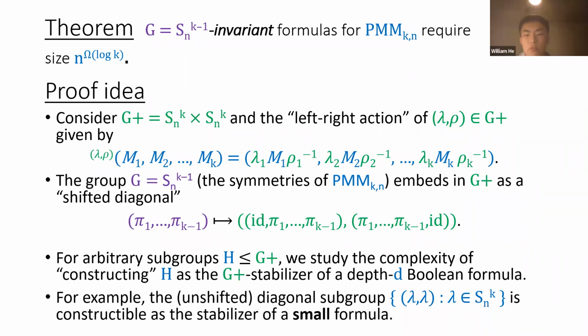So for example, the unshifted diagonal subgroup, which consists of those elements such that lambda 1 equals rho 1, lambda 2 equals rho 2, is constructible as the stabilizer of a small formula. So under our complexity measure, that unshifted diagonal subgroup has low complexity. However, the shifted diagonal subgroup we will show has large complexity, and we'll also show that that implies that the shifted diagonal subgroup requires large formulas.